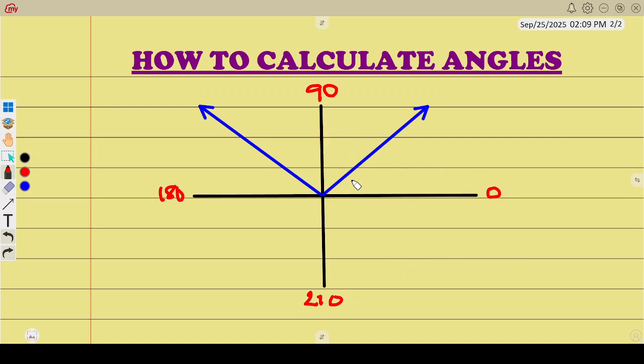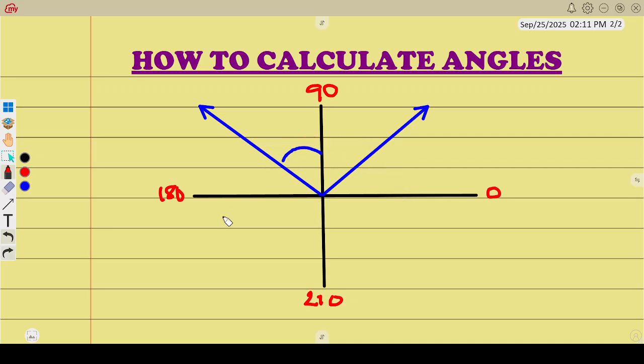And then what if we have an angle, let's say it is in here? Under physics, when you want to calculate vectors, you don't use this angle which is in here. You should read from the positive x-axis, so you have to get the whole lot of this.